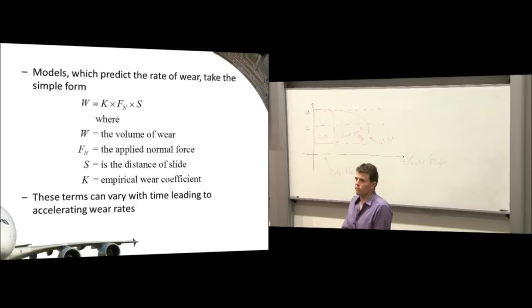So if you slide something further, it'll wear more. If you apply more force, it'll wear more. But there's also a constant in there that accounts for the type of material. And if you're looking at the time derivative, the wear rate will be proportional to the velocity. And in practice, these are tricky to use because you've got to do a test that's similar enough to the type of problem in the aircraft. And these are really only empirical formulae.